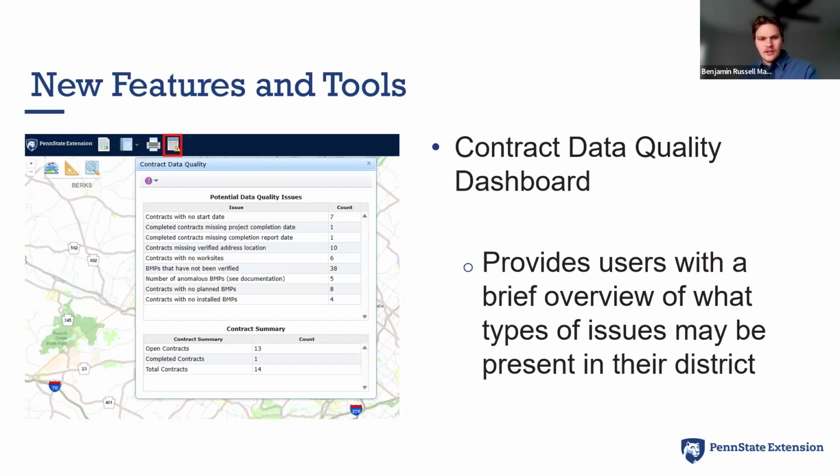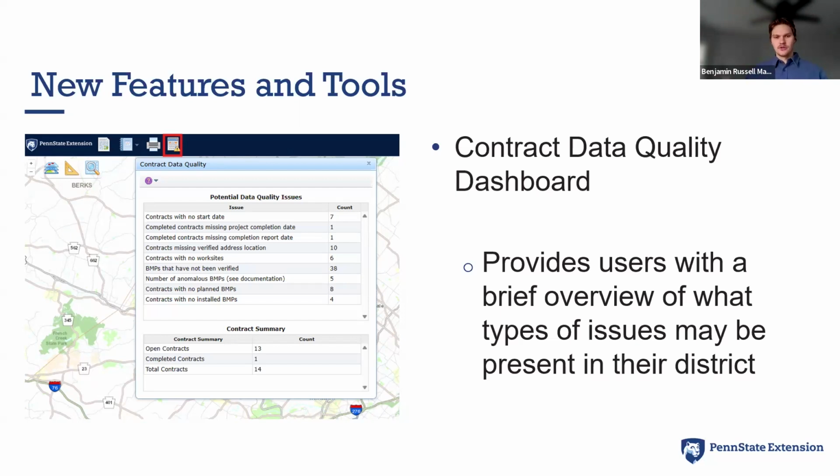When you click on that icon, the table that's on your screen here will appear. And it just gives you a brief overview of the count of the potential issues that you may have. So you'll see that the first line is contracts with no start date. So if that number is 7 in this case, you'll know that you have 7 contracts that do not have a start date attached to them.